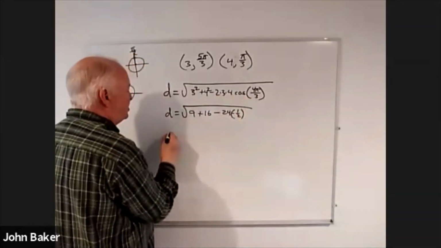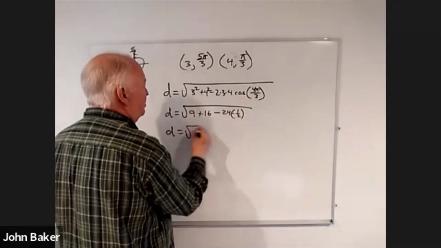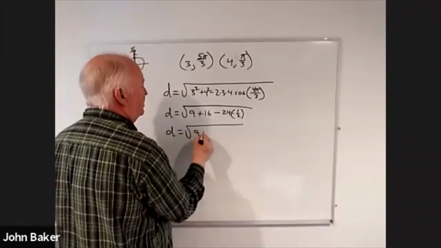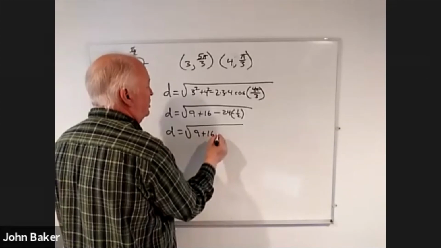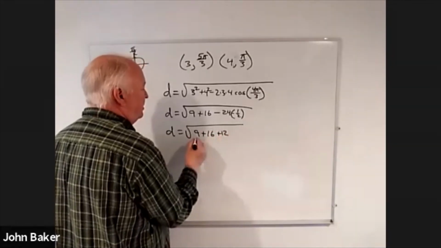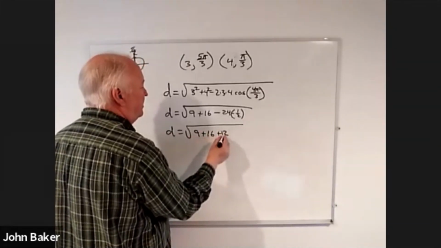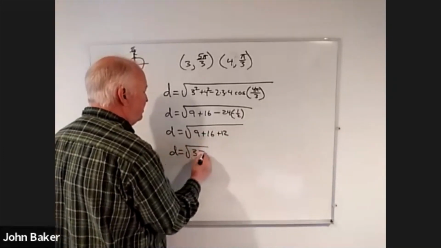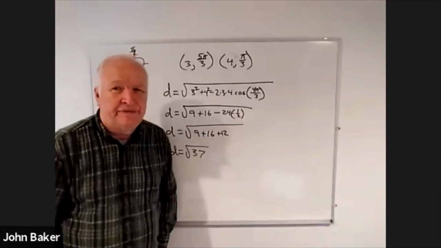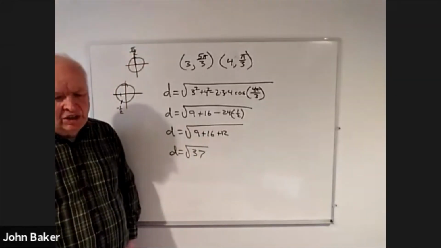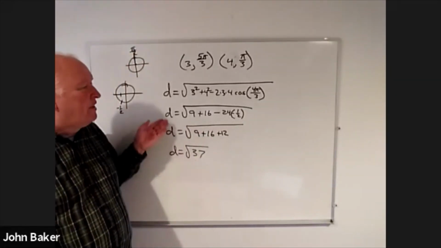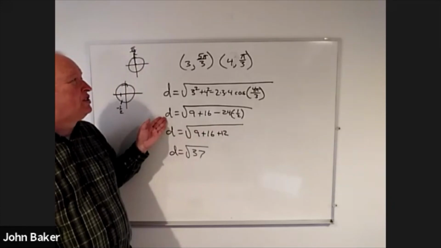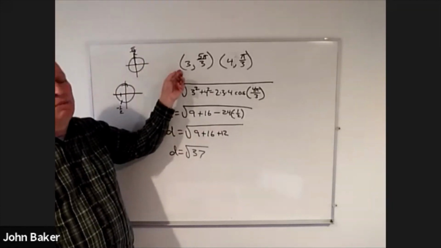And so the distance equals the square root of 9 plus 16 plus 12, 25, 37. The distance equals the square root of 37. So that's how we find the distance between 2 points when the points are written in polar coordinates.